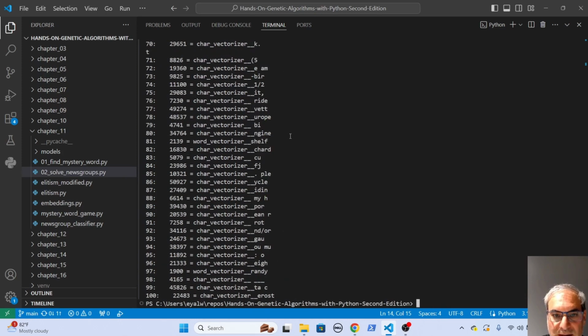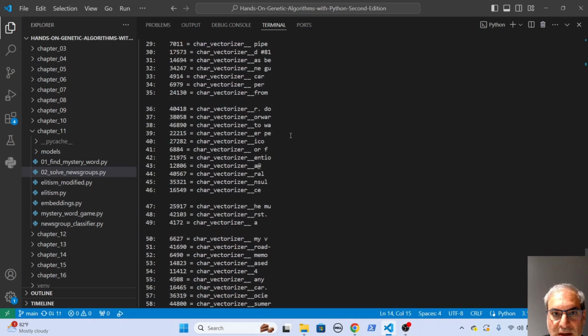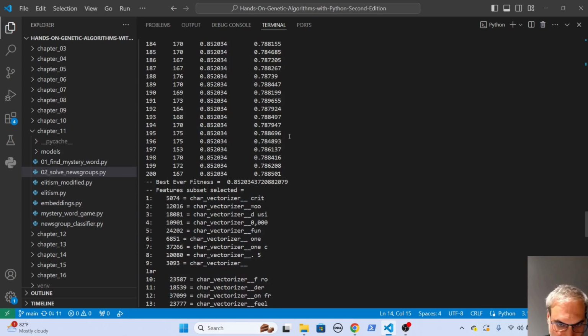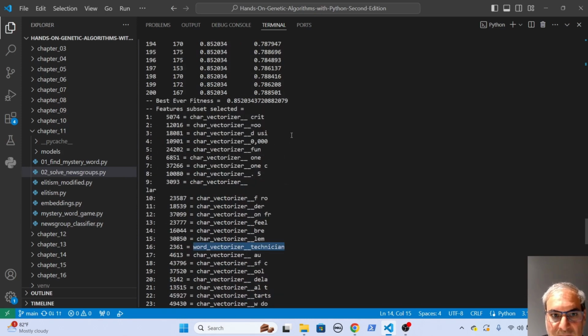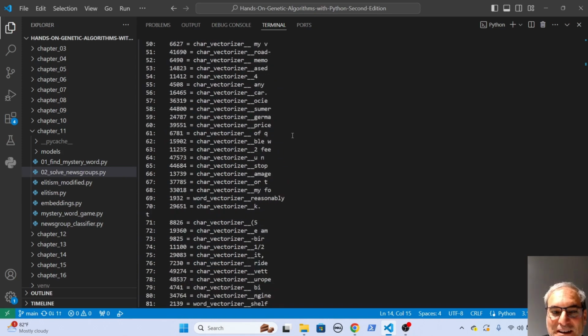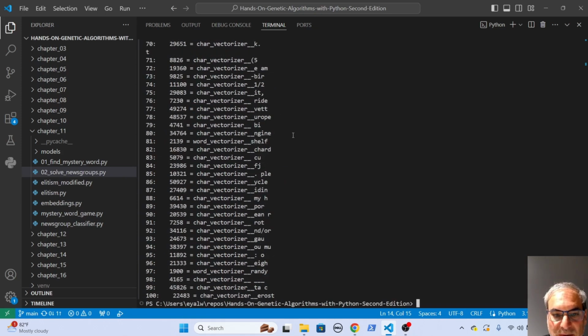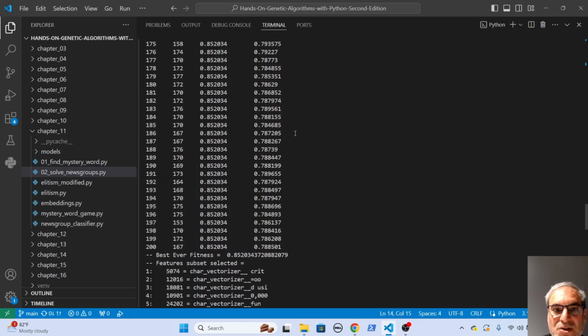So it's great that we could do so well with only 100 features, but maybe we want to go further and see what we can do with 10. Let's reduce the 100 to 10, and let's see how well we can do with just a subset of 10 features, only 10 combinations of characters or words.